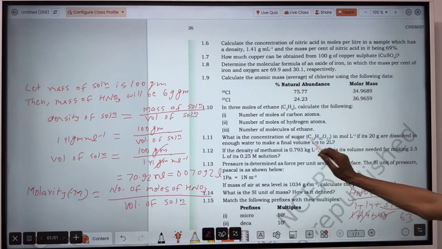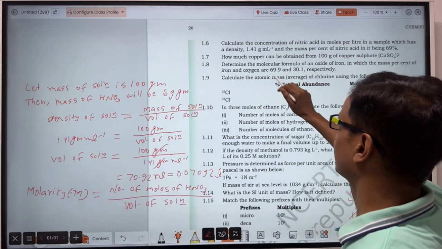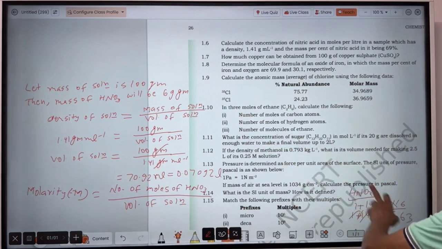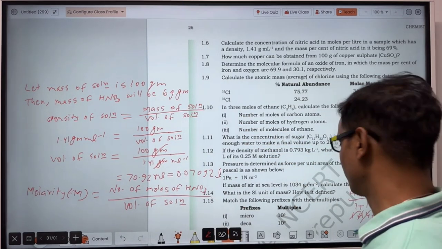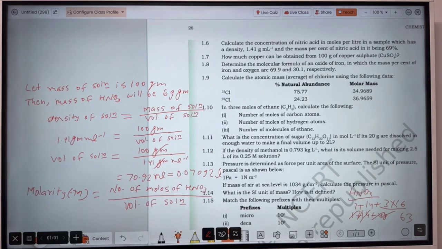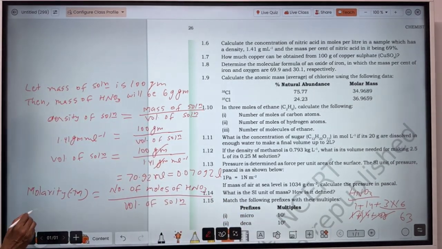So the number of moles of nitric acid will be how much? The molar mass is 63 and the weight of nitric acid is 69. So the number of moles of nitric acid will be 69 by 63, that is 69 gram upon 63 gram per mole.